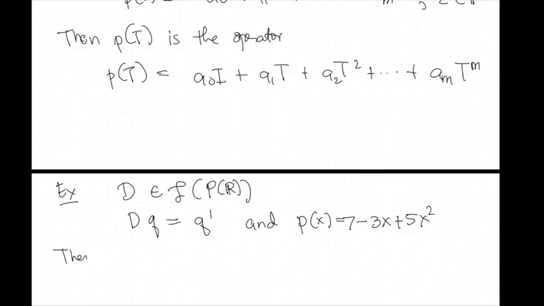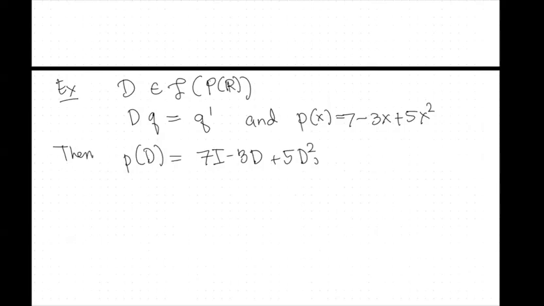Then your p(D) is just 7 times the identity, minus 3 times the operator D, plus 5 times the operator D squared.